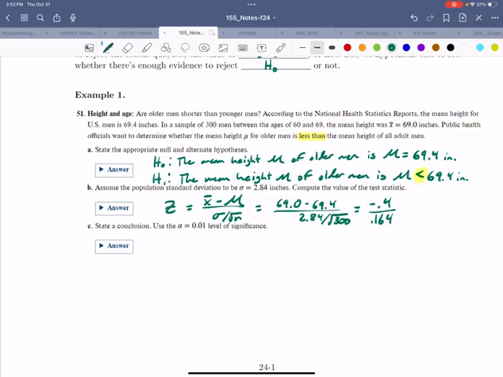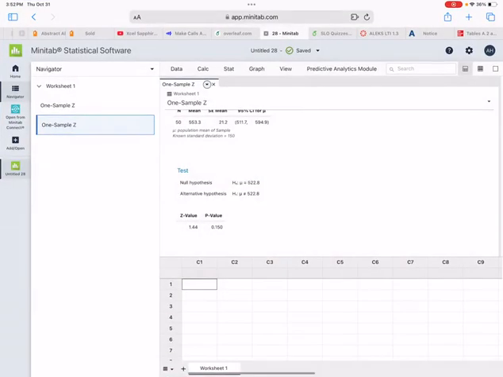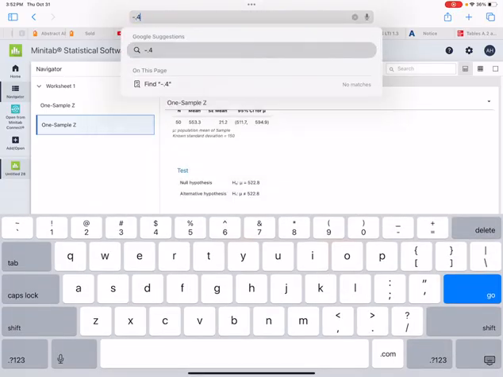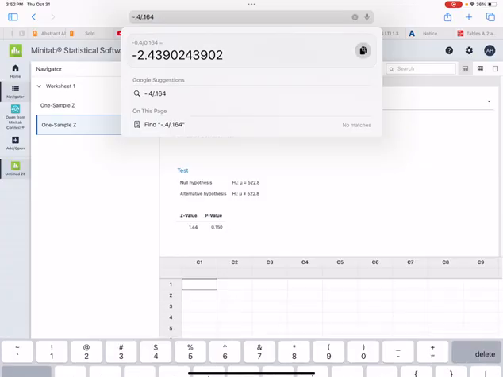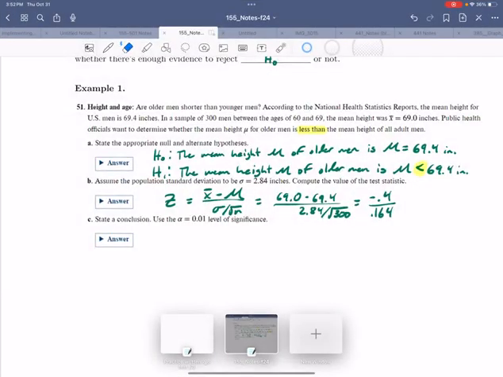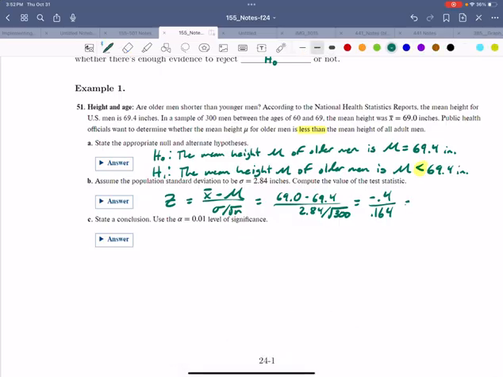All right, so negative 0.4 divided by 0.164. What is that going to give us? Negative 2.44, okay. Equals negative 2.44.